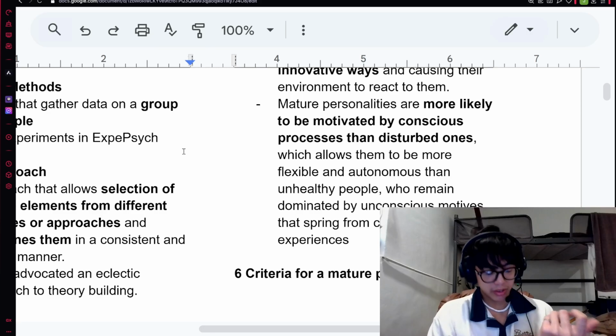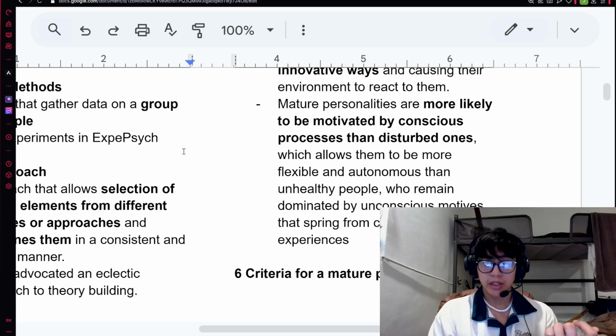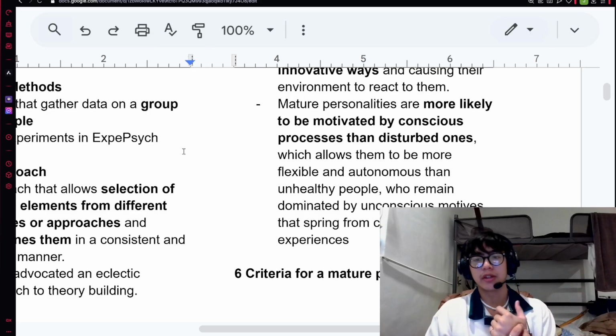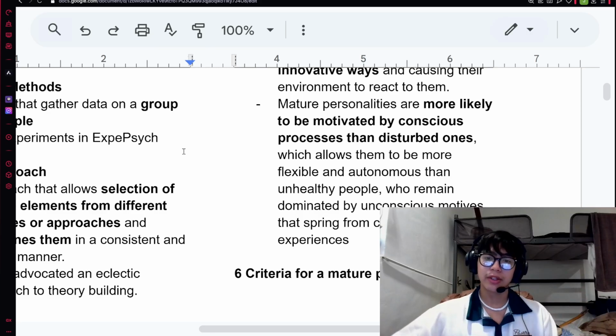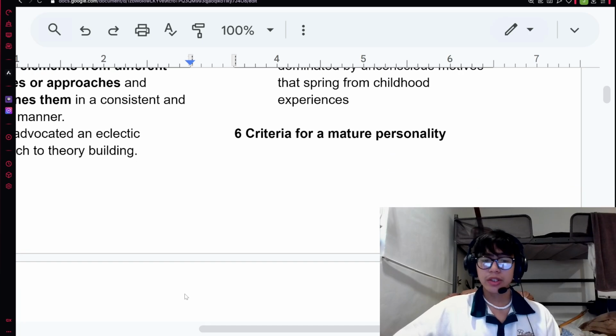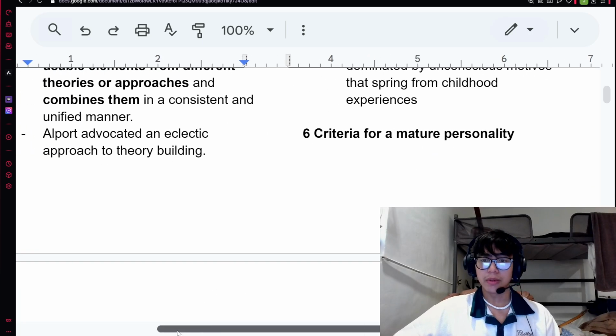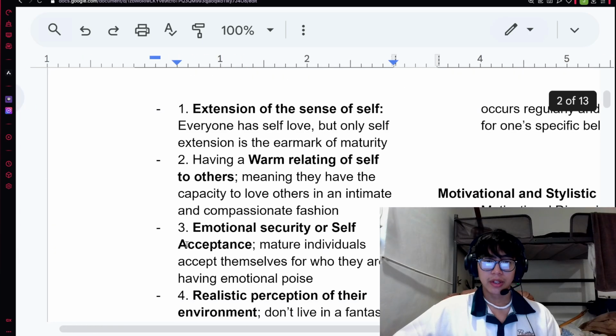And that's basically the characteristic. If you're just spacing out while doing things, that's basically the definition of a disturbed personality, or an immature personality, right? So let's talk about the 6 criteria for a mature personality.